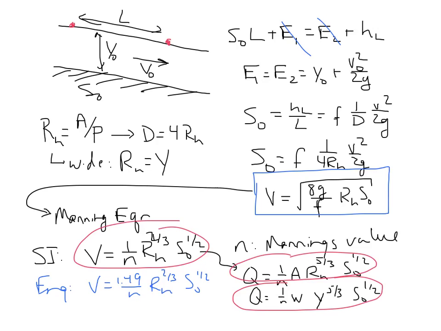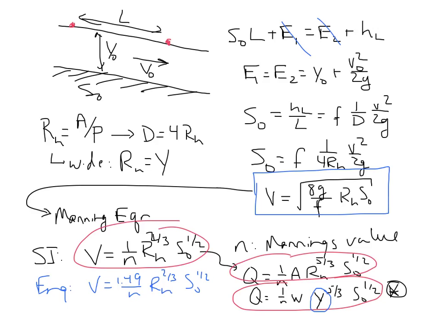The main conceptual point for us to think about is that the depth that's defined by this equation is a theoretical depth that would exist if infinitely uniform conditions existed.